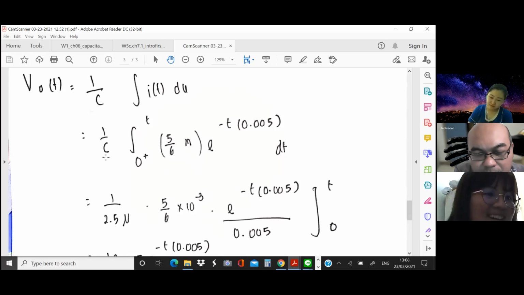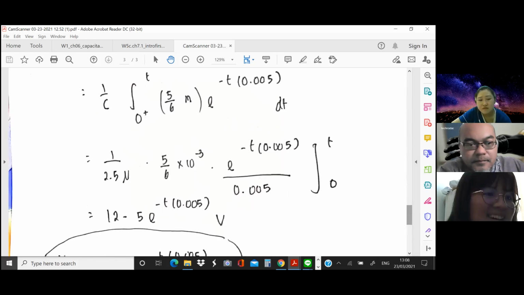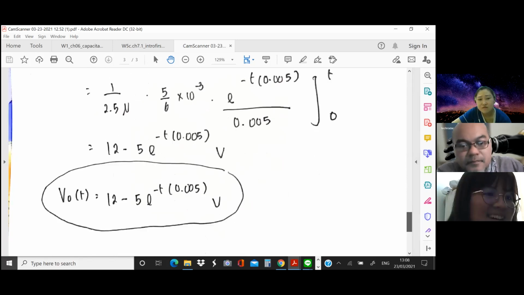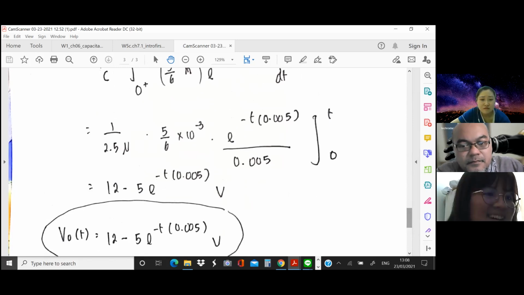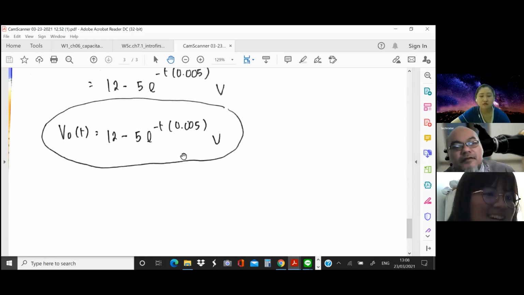From there we input the integral from t to 0, and we insert the I(t) which we got above, which is 5/6. After that, we get 1 over 2.5 micro times 5/6 times 10 to the power of negative 3, and so on. Then we get the final answer, Vo(t), which is 12 minus 5e to the power of negative t over 0.005 volt.